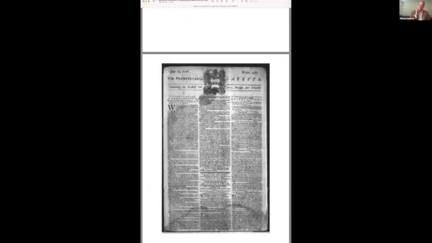And then finally, I included this image of the Pennsylvania Gazette from July 10th, 1776, which prints the Declaration in full on the front page of the issue.